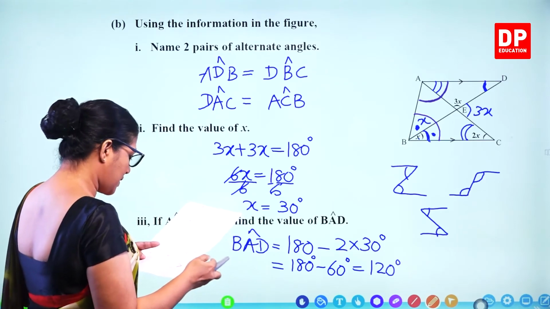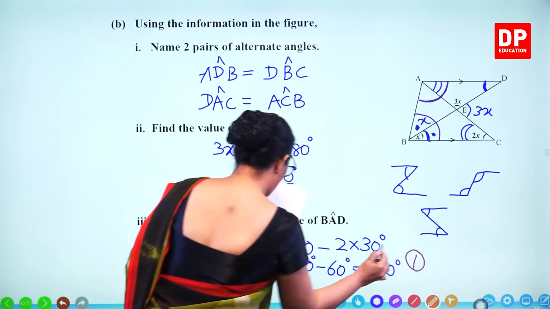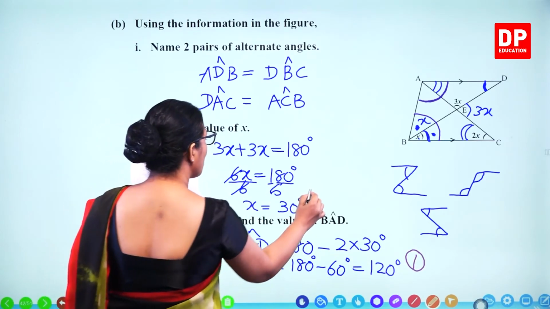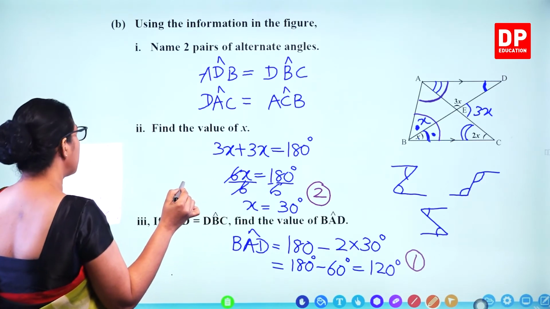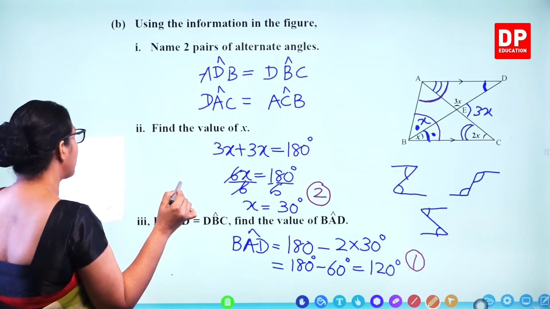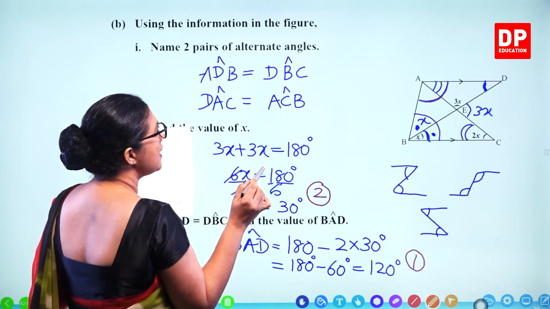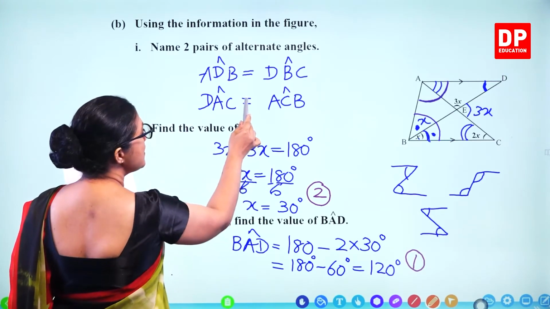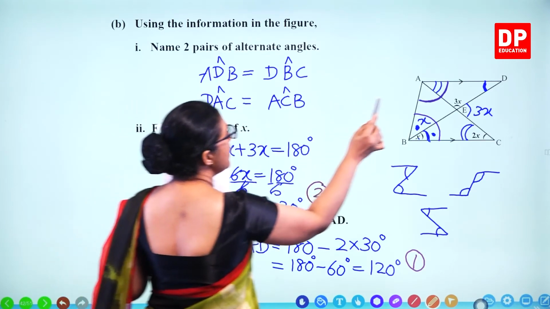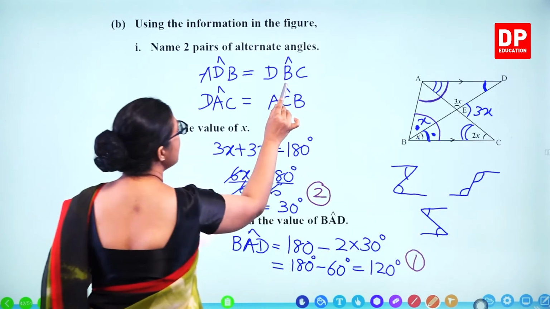So how many marks? 1 mark here for this step and 2 marks for finding 30-degree angle and writing ADB, BCA, ADB with, we made a mistake here, ADB and DBC.